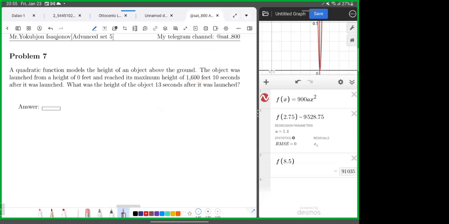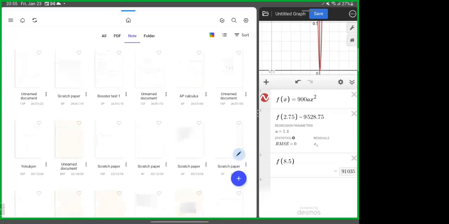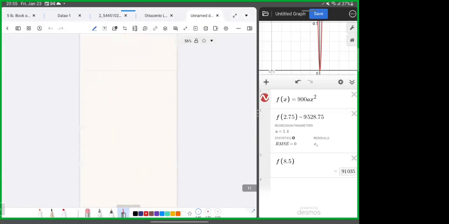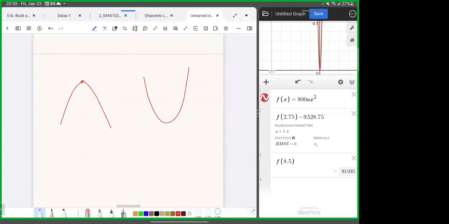One thing you should know: the maximum or minimum value of your parabola always can be seen at the vertex. This is the rule. When you are asked for a minimum or maximum in your parabola, when a is less than 0, it will be a maximum. When a is greater than 0, it will be a minimum value.